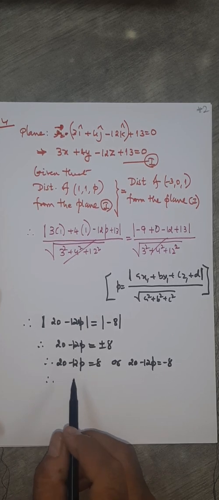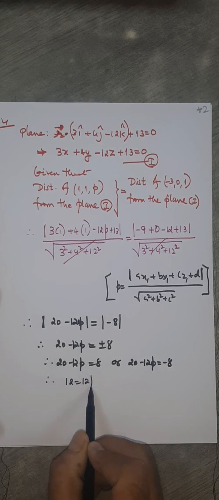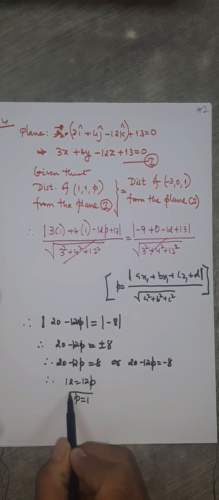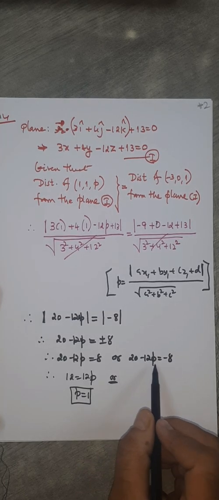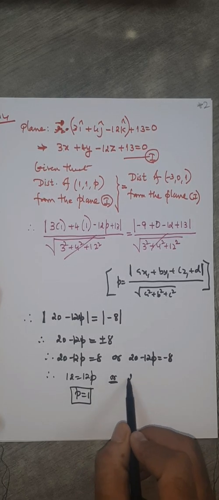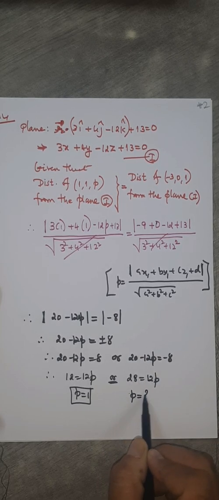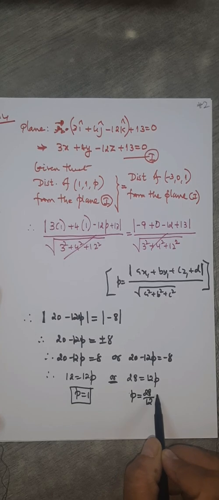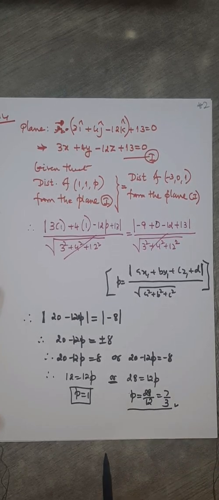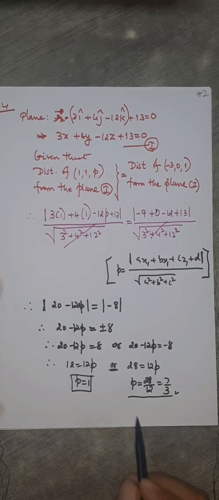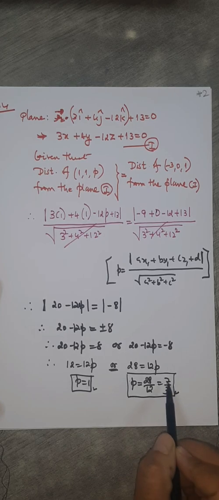So here you will get 12 equals 12p, so p is 1. On the other side, if I simplify, 28 equals 12p. So p equals 28 by 12, which is nothing but 7 by 3. So these are the possible values of p, either 1 or 7 by 3.